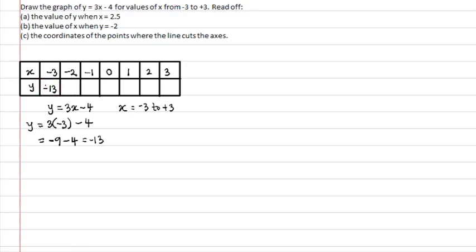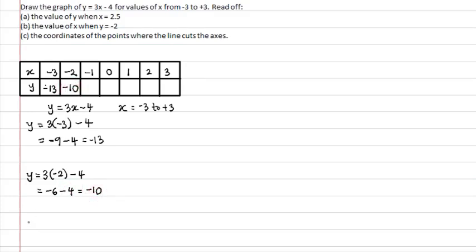Do it again for this one: y equals 3x minus 4, this time with minus 2. So 3 times 2 is 6, with the negative sign, minus 6 minus 4, which gives us minus 10. I'm going to put minus 10 here.